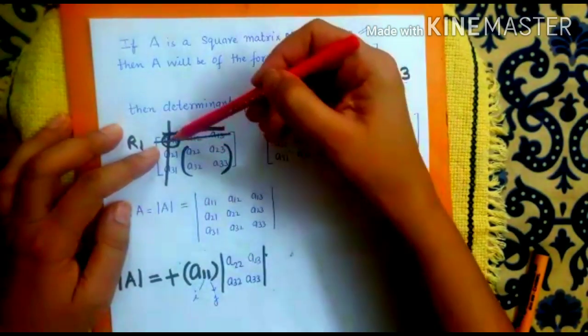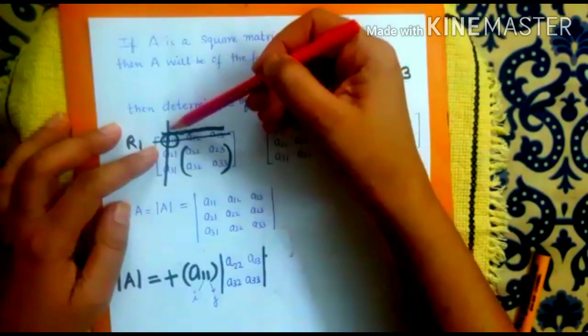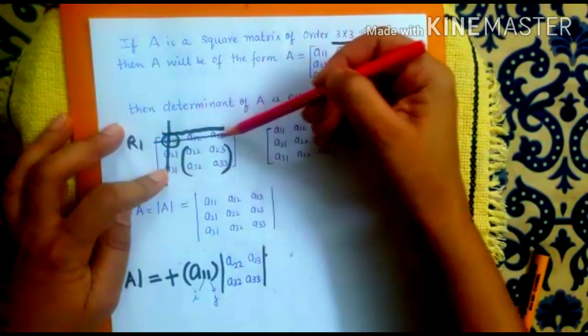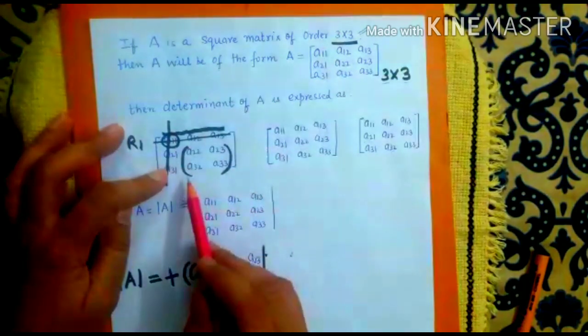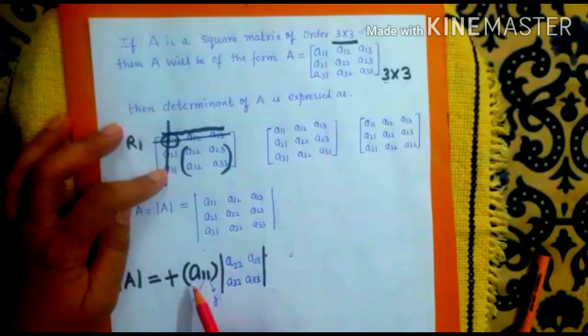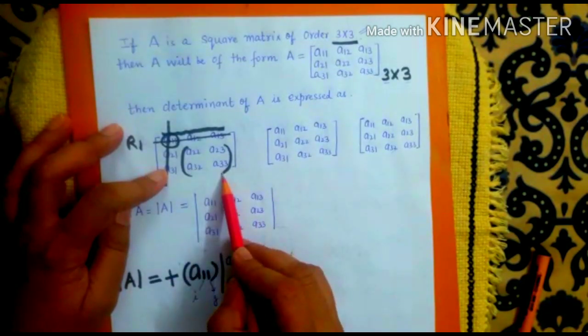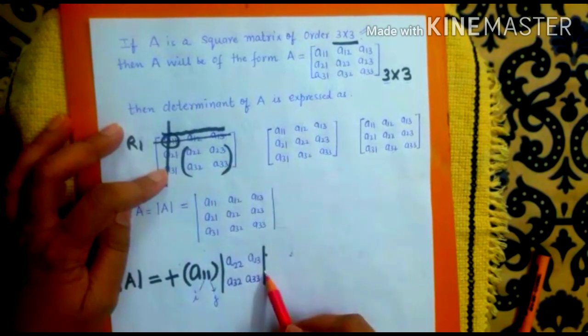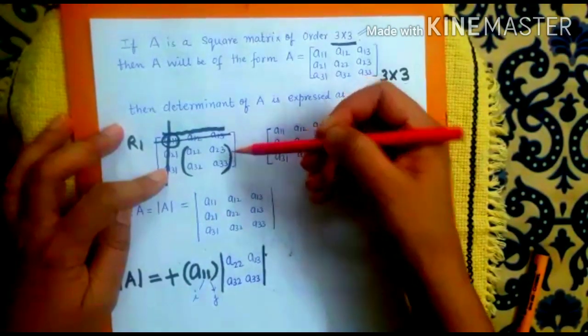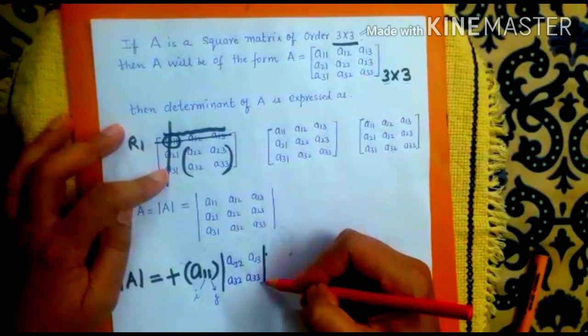So here I delete the first row and the first column. After deleting the row and the column, I am left with this square matrix. So I have to multiply this number with the determinant of this submatrix.